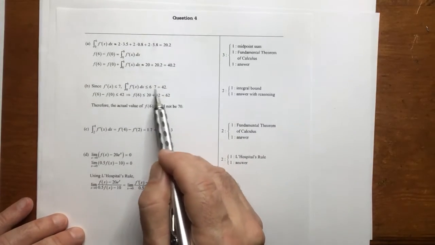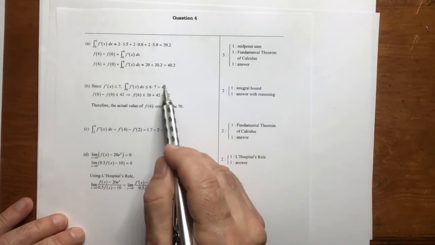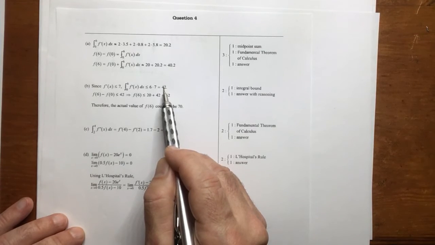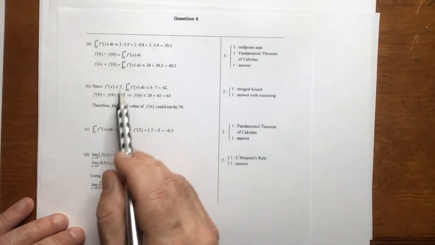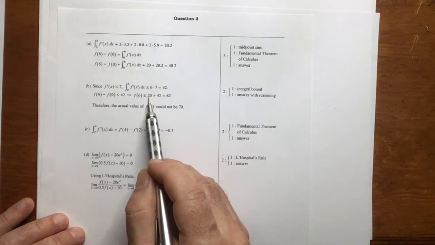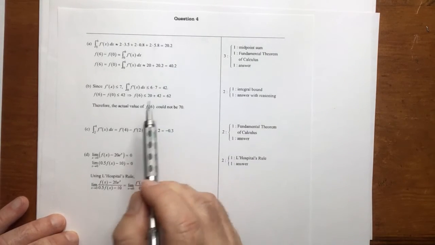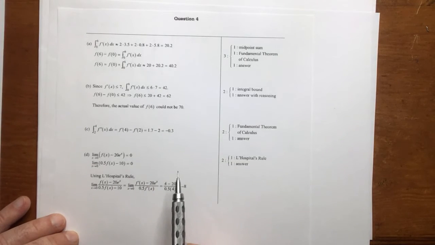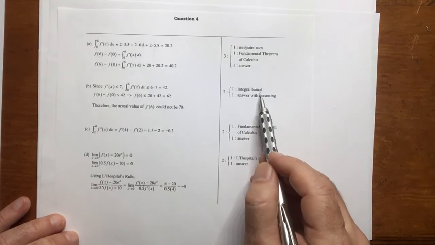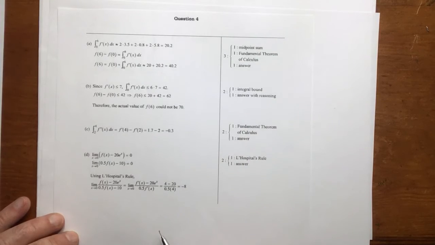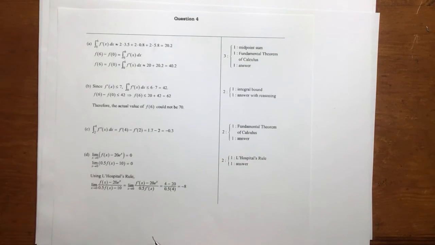Okay, and that value would give you an area under the curve of 42. Okay, and then doing what we did up here, you'd add f of 0 plus 42 to get 62. So the biggest f of 6 would be 62 and not 70. Okay, and then once again, we look at their points awarded.